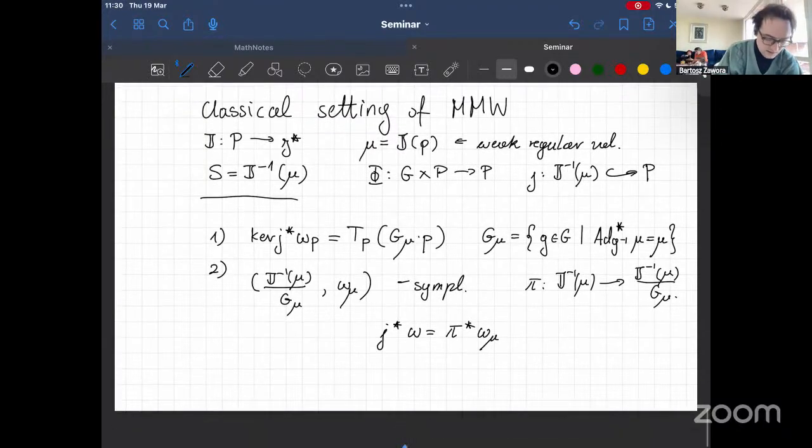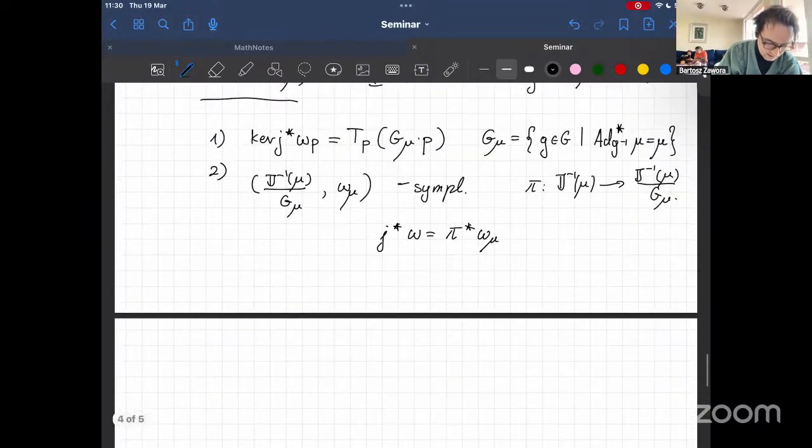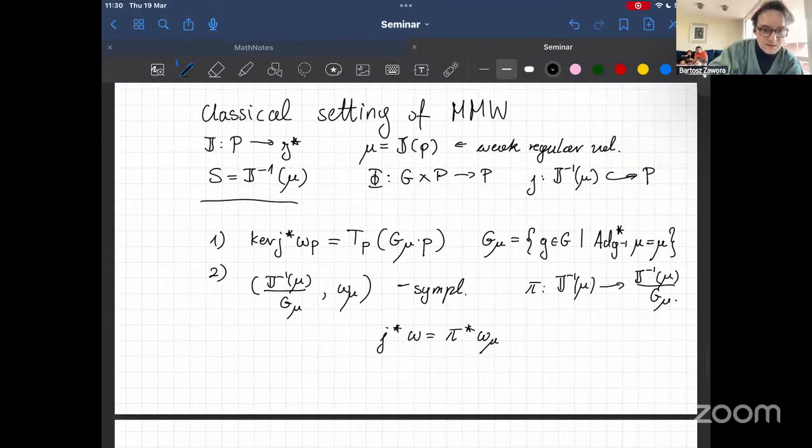This is the standard classical setting of the Marsden-Meyer-Weinstein reduction. Okay, so now the idea is to prove something similar, a similar theorem, for contact manifolds, coorientable contact manifolds.